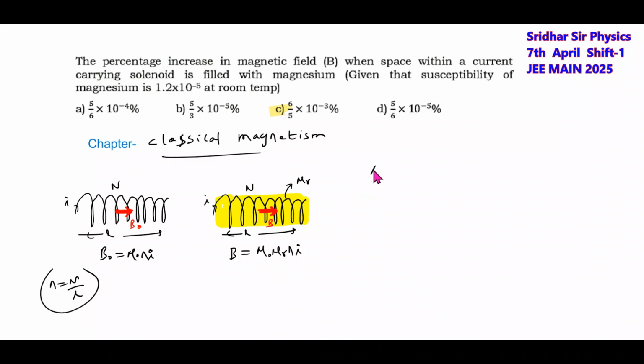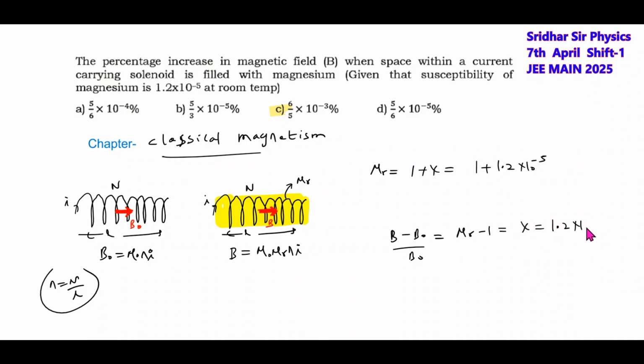We know susceptibility and relative permeability are related by the equation mu r equals 1 plus chi, that is 1 plus 1.2 into 10 to the power of minus 5. So it will increase by this much. The percentage increase in magnetic field will be (B minus B naught) by B naught, which is mu r minus 1, and mu r minus 1 is equal to only chi.